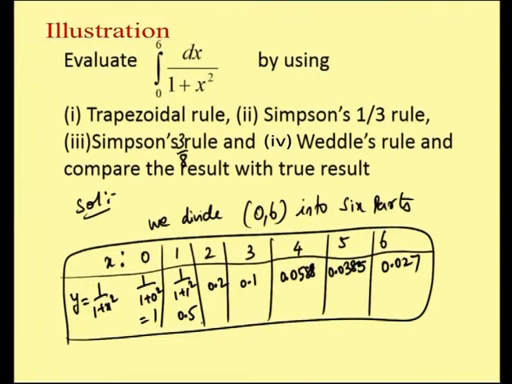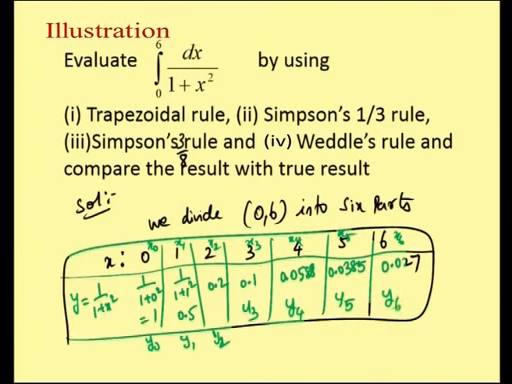These values stand for x0, x1, x2, x3, x4, x5 and x6, and similarly these values are y0, y1, y2, y3, y4, y5 and y6.